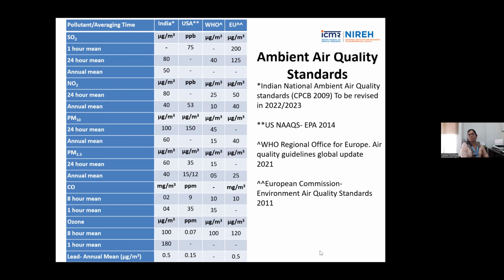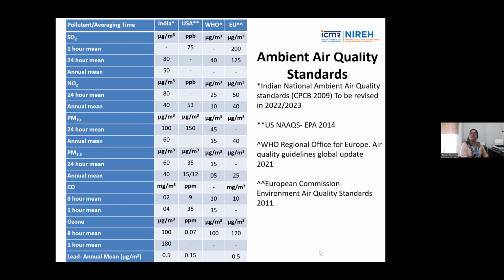In this slide, I have shown the guideline values provided by four authorities. We have the Central Pollution Control Board of India, which has branches in different states. The values are old, given in 2009, and are supposed to be modified in 2023, sometime this year.